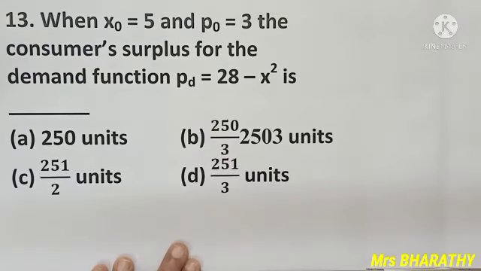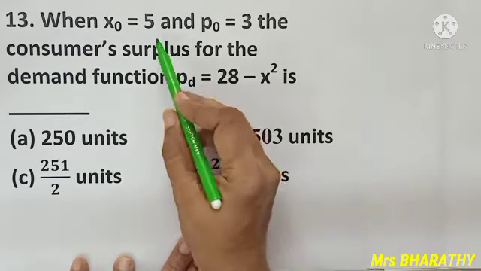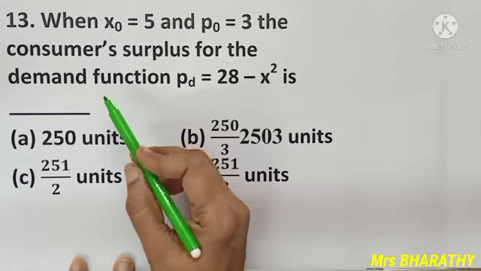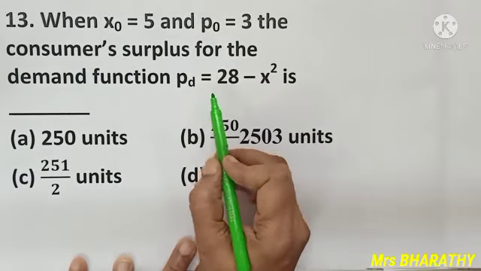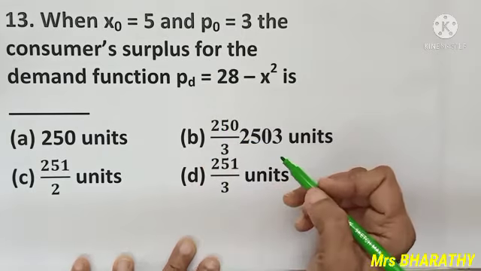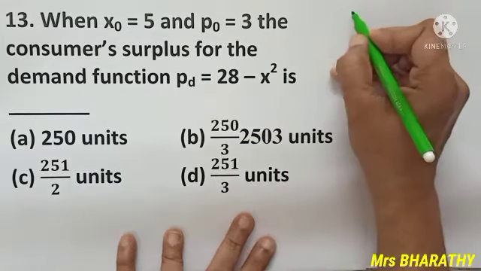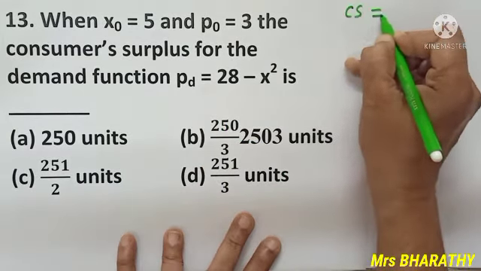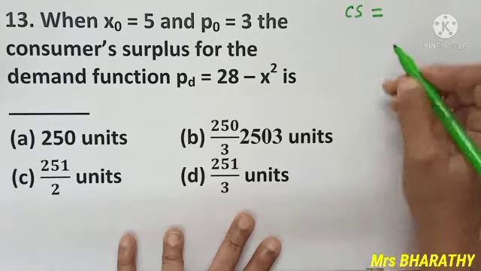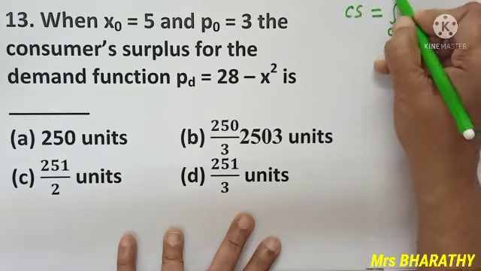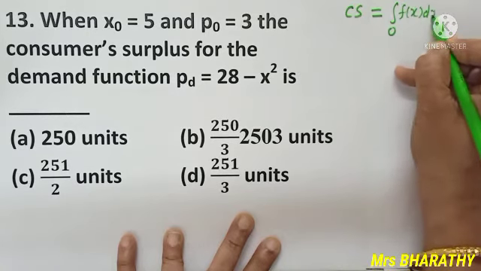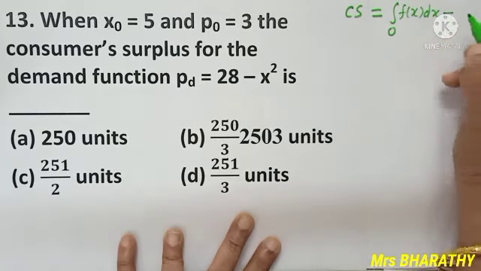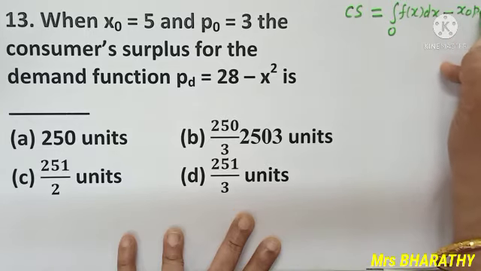Question number 13. When x naught is 5 and p naught is 3, we need to find the consumer surplus for the demand function 28 minus x square. Let us recall the formula. Consumer surplus is integral 0 to x naught f of x dx, that is the demand function, minus x naught p naught.